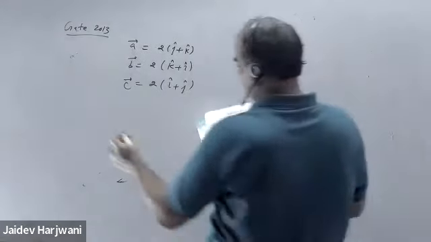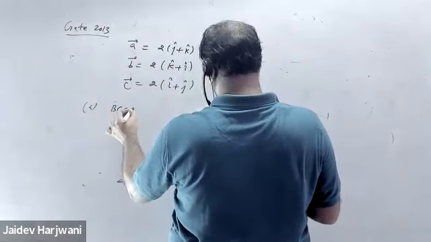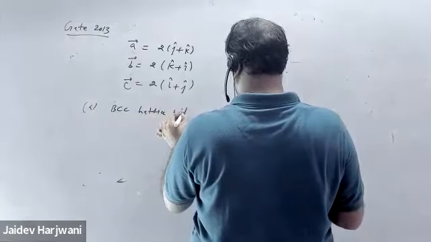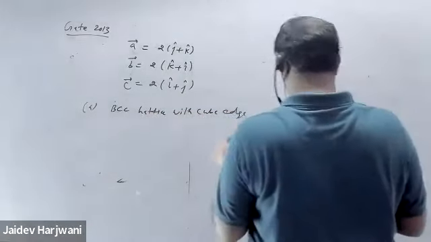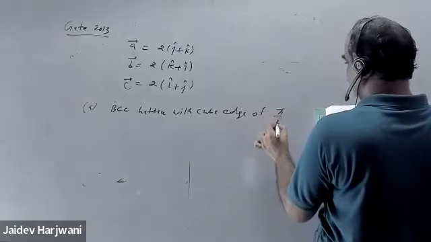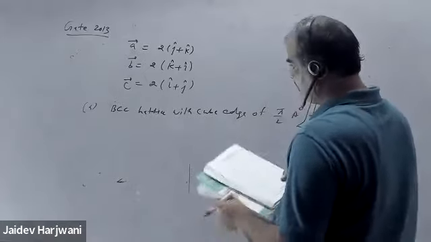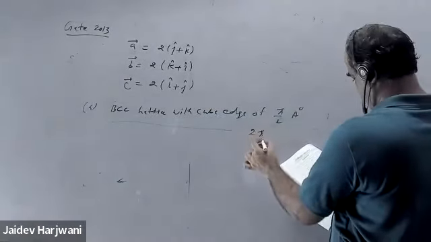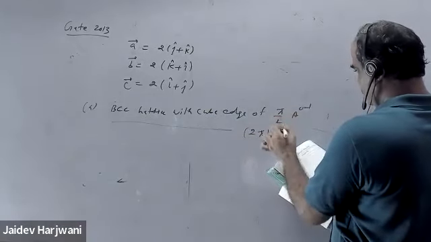So option A is given BCC lattice with cube edge of pi by 2 angstrom. And then again asking BCC lattice with cube edge of 2 pi angstrom inverse.